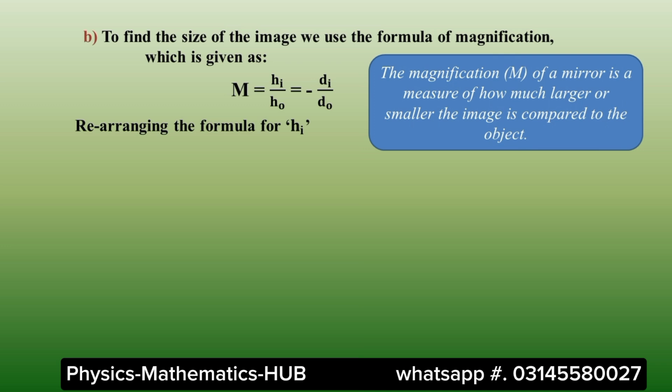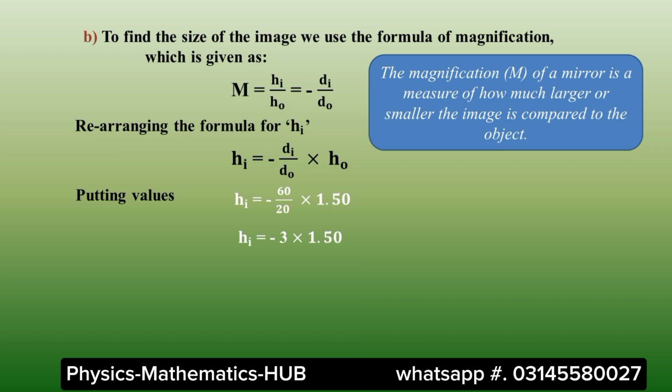Rearranging the above equation for HI, we get HI is equal to minus DI divided by DO multiplied by HO. Putting the values, we get HI is equal to minus 60 divided by 20 multiplied by 1.50. Dividing 60 by 20, we get 3.